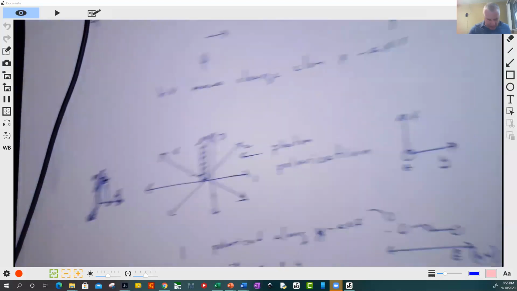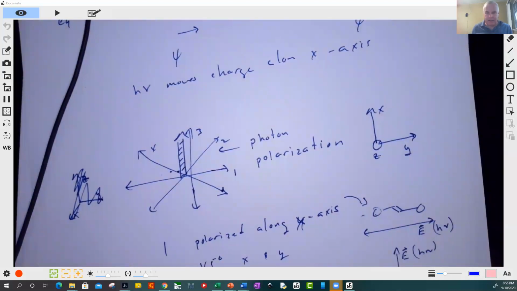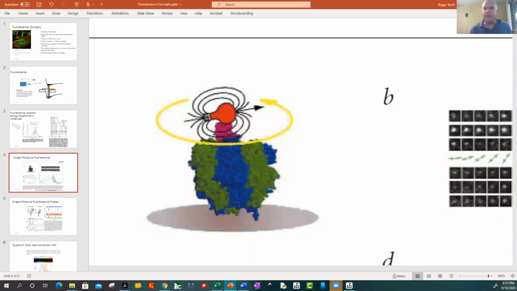So, hold on. That's not how I do that. Now I've got to go back to this guy, right? So now here is such a molecule, and this molecule is on a rotating part of this protein, such that its transition dipole moment can rotate around this axis.